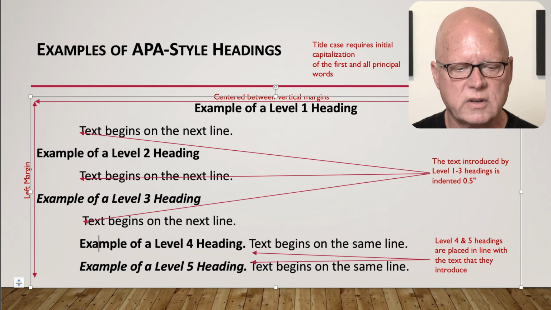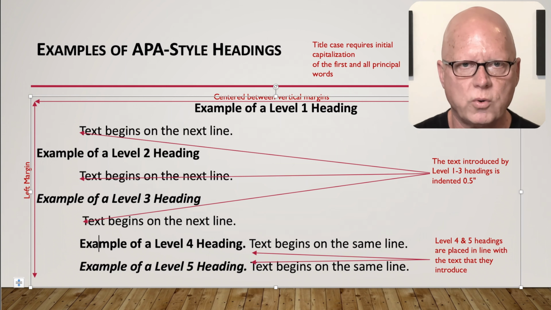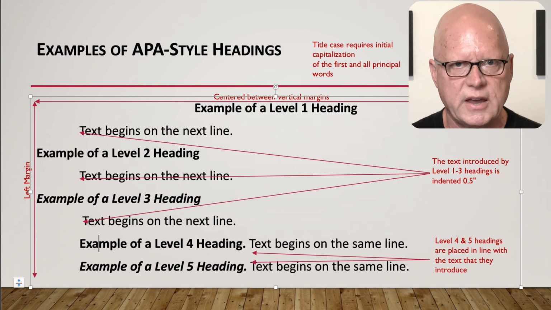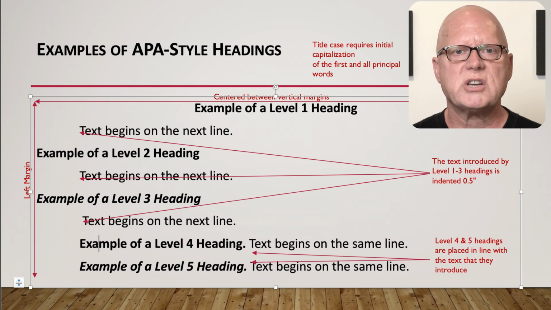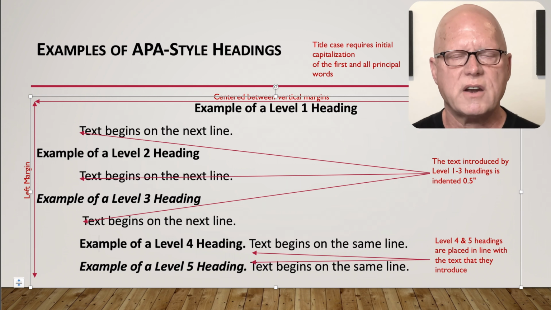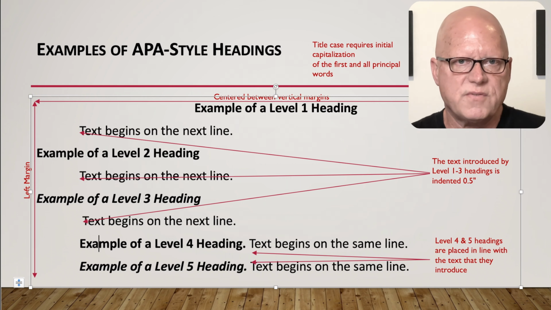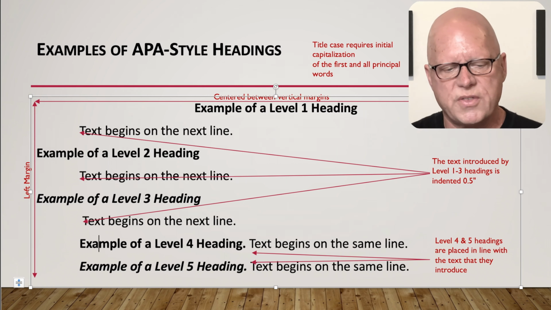While the Level 4 heading is title case, bold, and followed by a period, it's presented on the same indented line as the first line of the paragraph text. And then Level 5 is similar to Level 4 with the addition of italics.